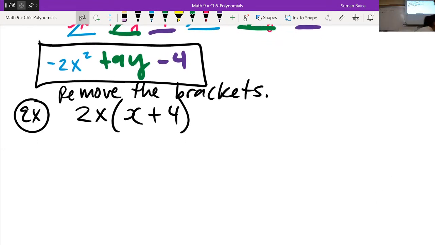So kind of similar to what we were doing. If we want to remove the brackets, what needs to happen?